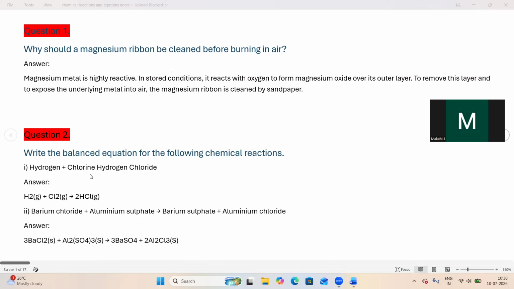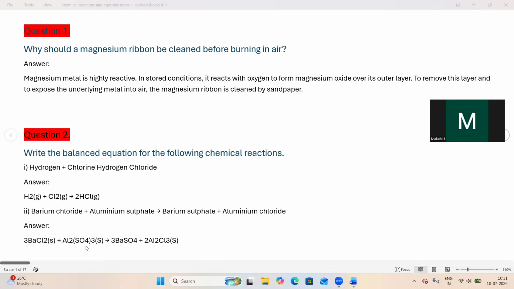Hydrogen plus chlorine gives hydrogen chloride: H2 plus Cl2 gives rise to 2HCl. Then barium chloride plus aluminum sulfate, barium sulfate plus aluminum chloride are your products.